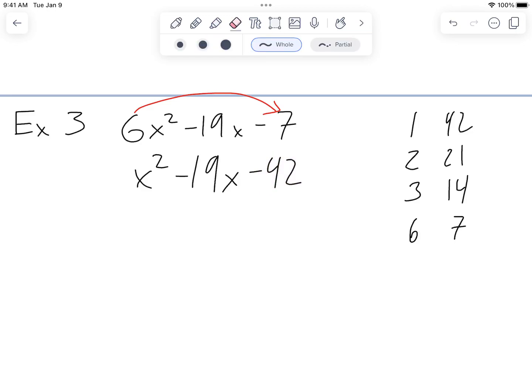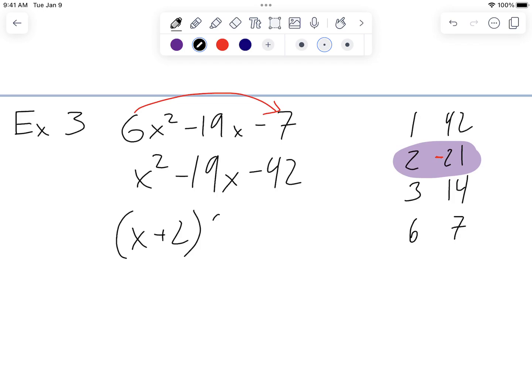Now we want one to be positive and one to be negative, and it has to add to negative 19. That is going to work if I make the 21 negative. So 2 and 21 where the 21 is negative. All right, so that will start out as x plus 2 and x minus 21.